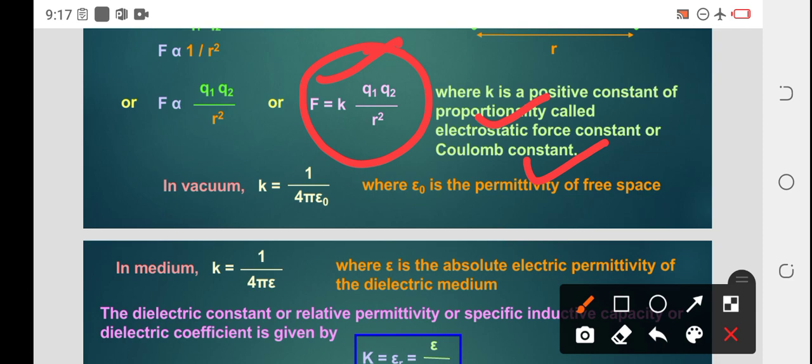Let's see the value of k. In vacuum, the value of k is 1 by 4 pi epsilon naught, where epsilon naught is the permittivity of free space.